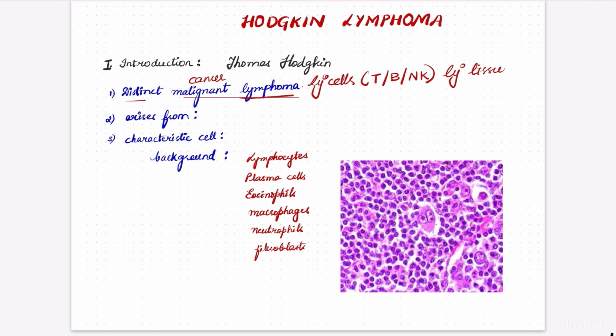The lymphoid tissues include, most commonly, the lymph node, and also the spleen, liver, bone marrow, and the intestinal wall, like your GIT, which contains Peyer's patches. Peyer's patches are nothing but lymphoid aggregates in the intestinal wall. So these are the tissues that contain lymphoid tissue, which contains T cells, B cells, and natural killer cells.